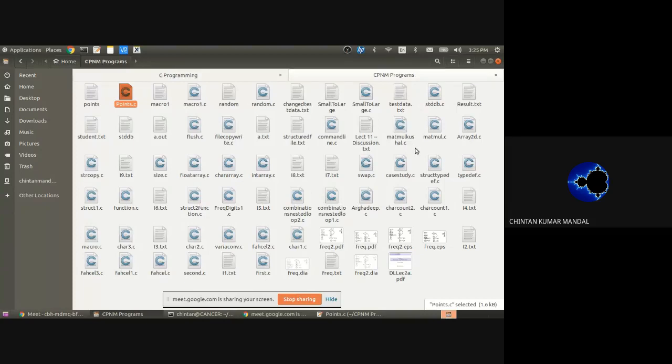Where is points? Sir, right at the beginning. See, the size is 127 KB, okay? This is the size.